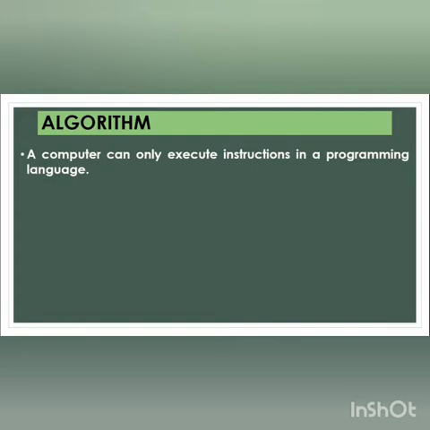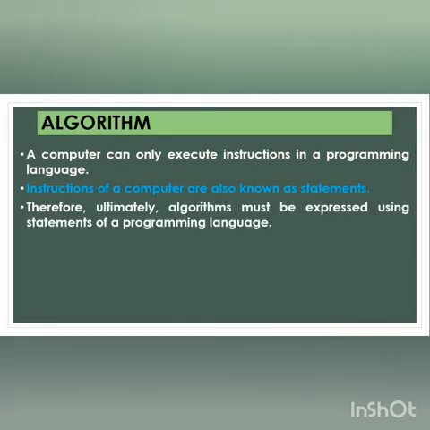So, to make a computer work, we have to give some instructions to the computer by using some programming languages. Programming languages may be C, C++, Java or Python, anything. Instructions of a computer are also known as statements. So, each command or statement in a programming language is called an instruction. Ultimately, algorithms must be expressed using statements of a programming language.